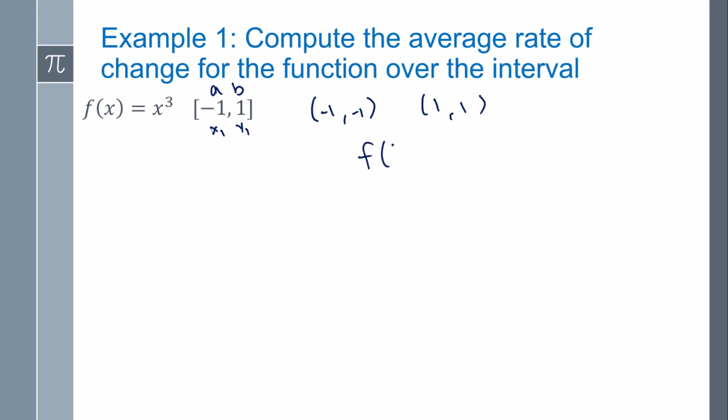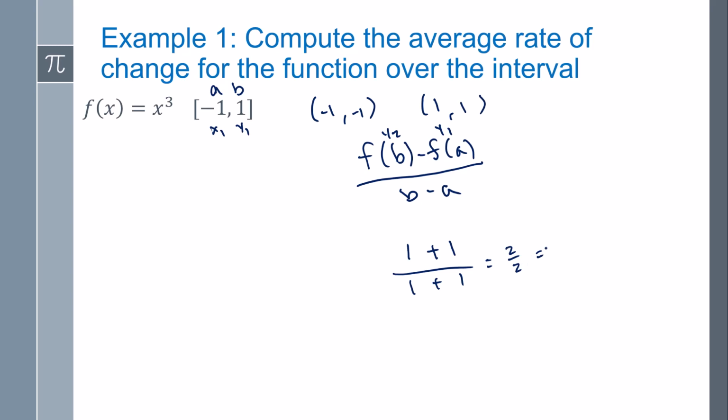So f of b minus f of a over b minus a, this is y2 minus y1 over x2 minus x1. That's going to be 1 minus -1 over 1 minus -1. It's 2 over 2, so the average rate of change is going to be 1.